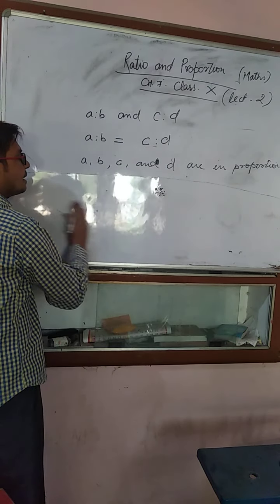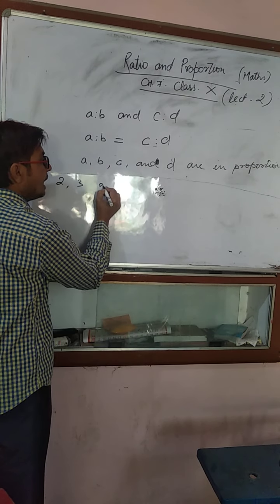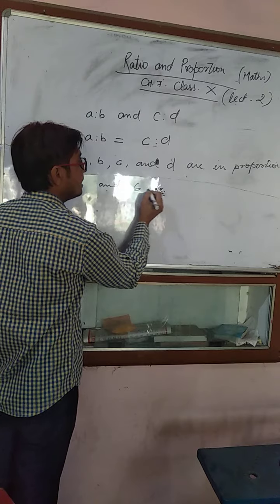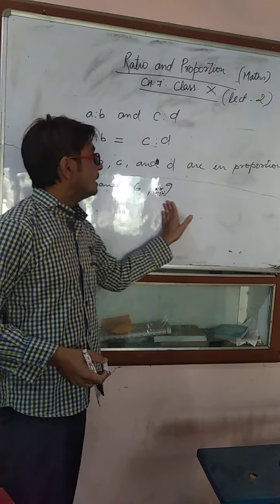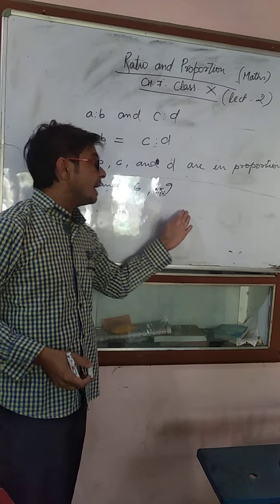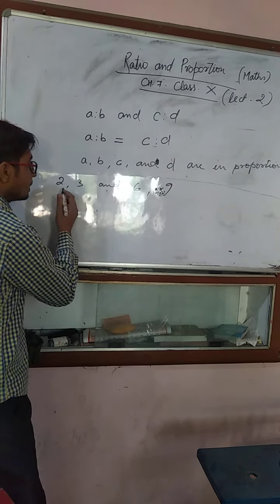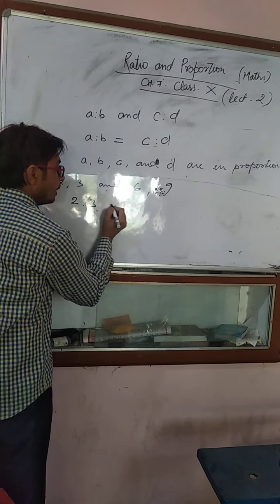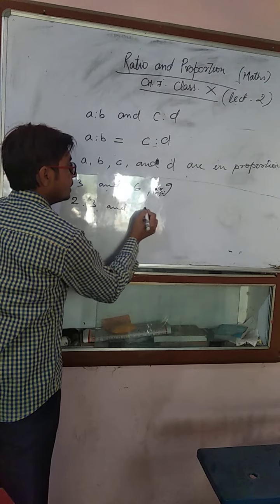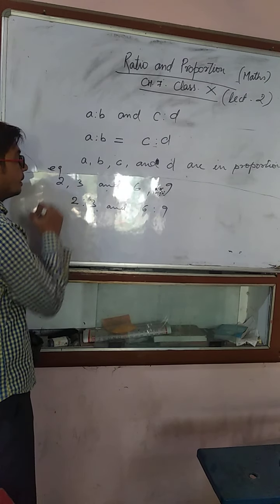For example, suppose any numbers 2, 3 and 6, 9. Are they in proportion or not? So let us consider 2 is to 3 and 6 is to 9. This is an example.